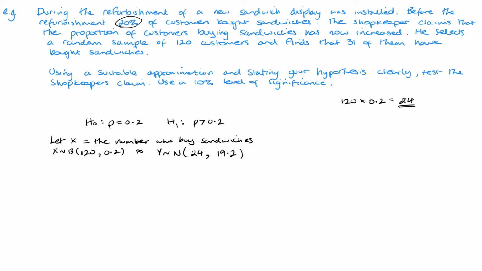So we know it's 31 is what we're looking at. So the probability that x is greater than or equal to 31. Now we need to apply our continuity correction. So this is going to be that y is greater than 30.5.